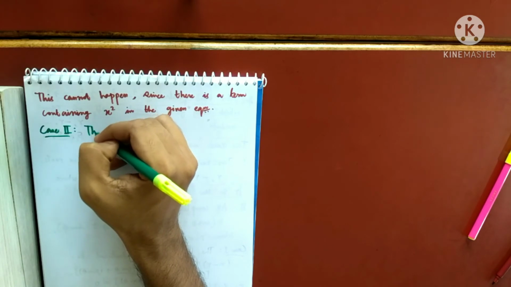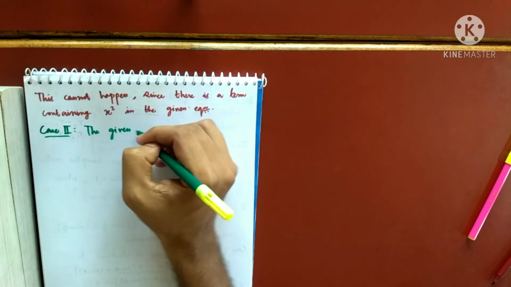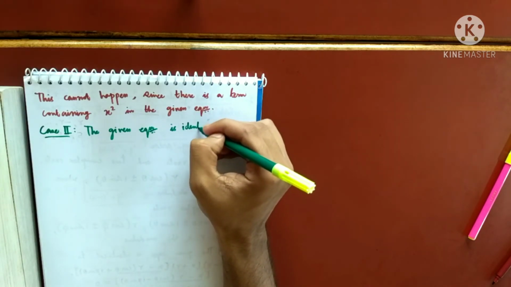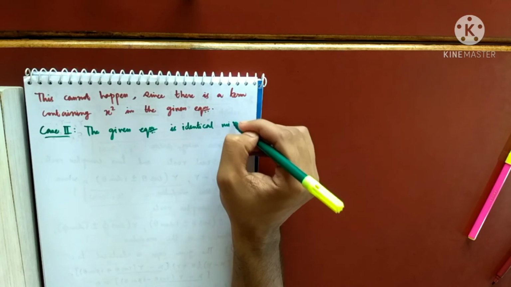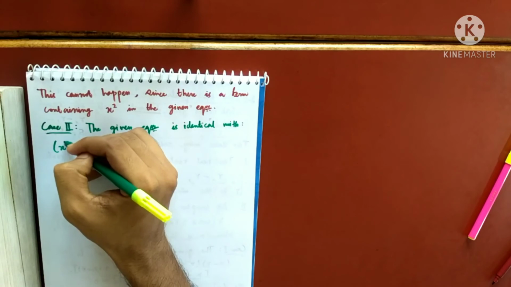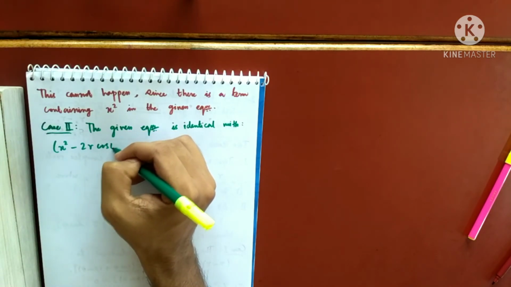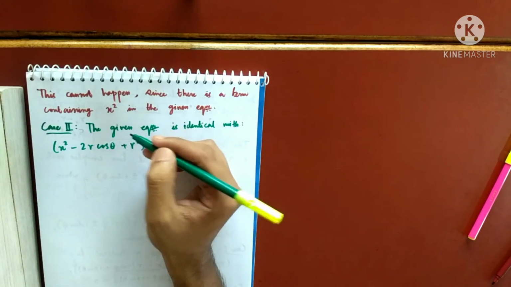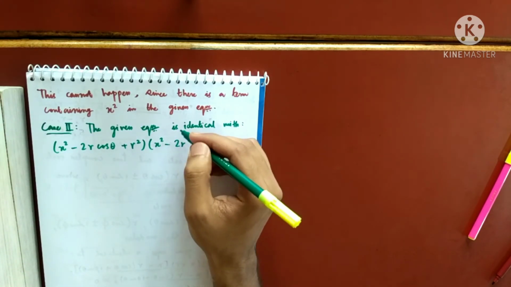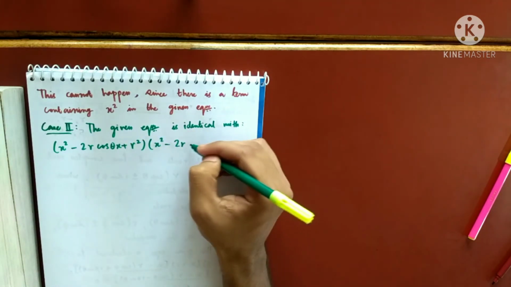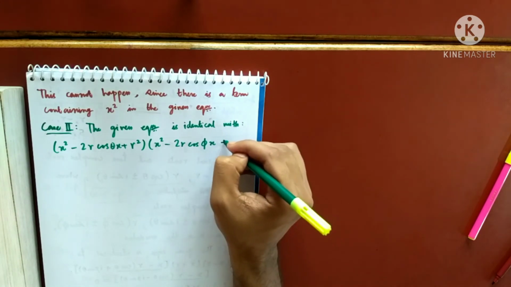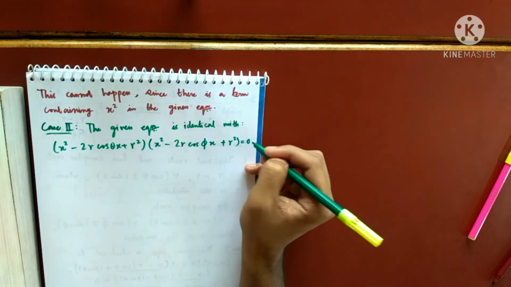The given equation is identical with x square minus 2r cos theta x plus r square, right? And x square minus 2r cos phi x plus r square equals to 0.